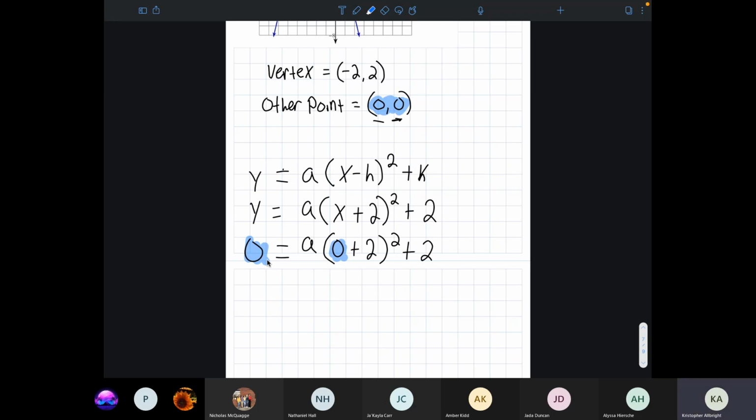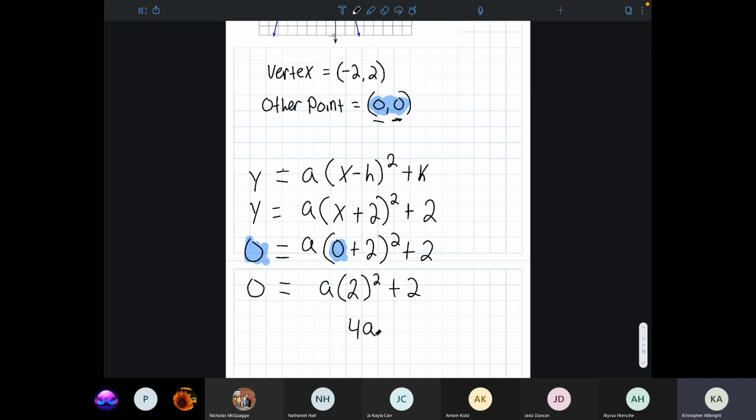So we can solve to get a by itself. Now, we can do our parentheses first. So we're just going to get 2 on the inside, squared, a plus 2 equals 0.